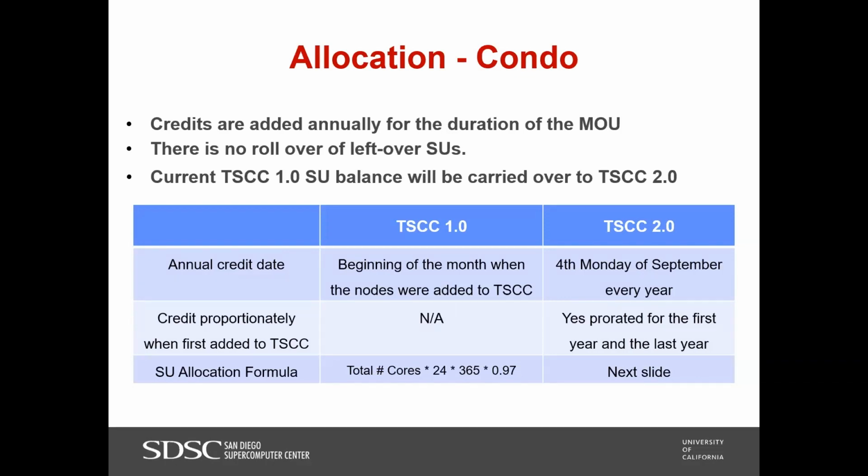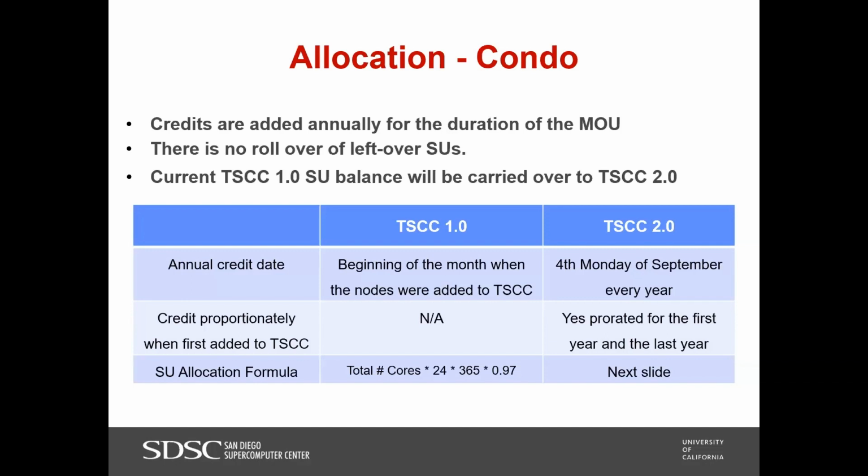But now on the TSCC2, every TSCC condo group allocation will be credited on the first Monday of September every year. So that's the single day.